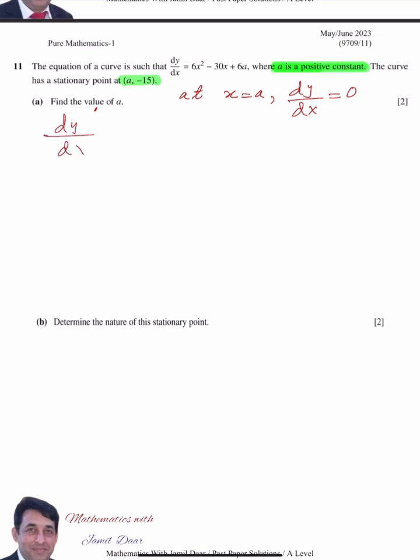Dy over dx is equal to 6x square minus 30x plus 6a. So this is equal to 0, 6 into a square minus 30 into a plus 6a.